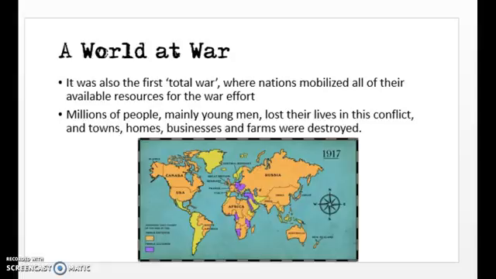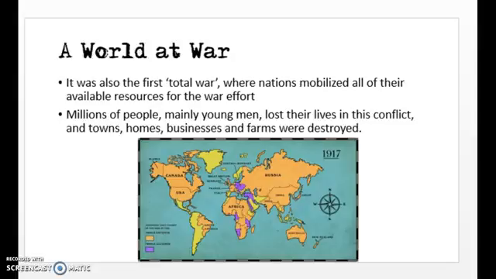They're also working in factories to make things like the bombs that are being used in this war. And where the front lines are, where the trenches are, we have towns and cities that are completely destroyed and need to be rebuilt after the war.